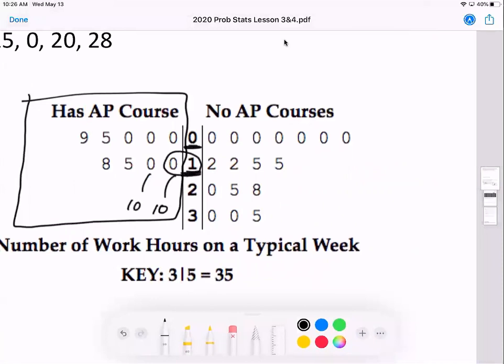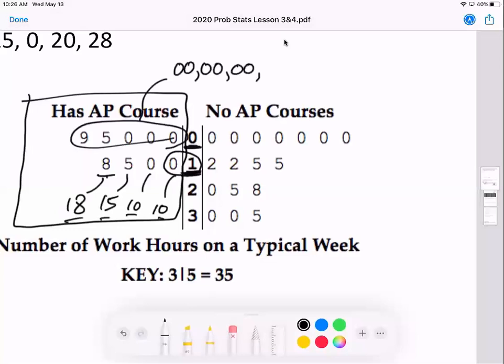This is another 10. That's a 1 and a 5, and then this 8 is a 1 and an 8. So we have 10, 10, 15, 18. Whereas in this first row up here, we'd have 0, 0, 0, 0, 0, 0, 0, 5, 0, 9, which obviously we don't really write the zeros. But in essence, that's what that 0 is doing.